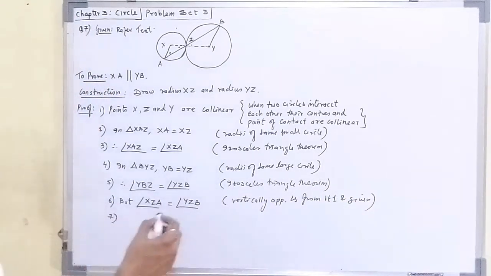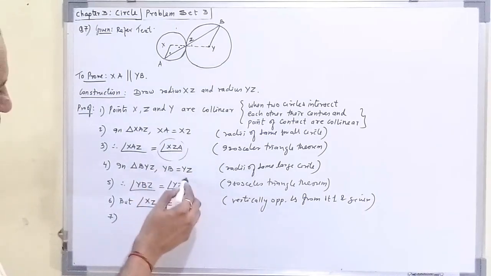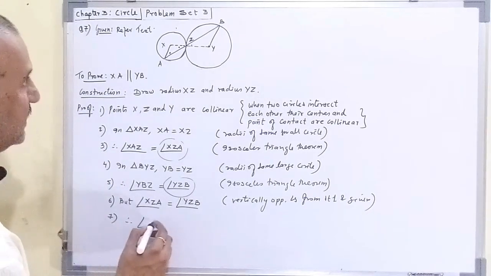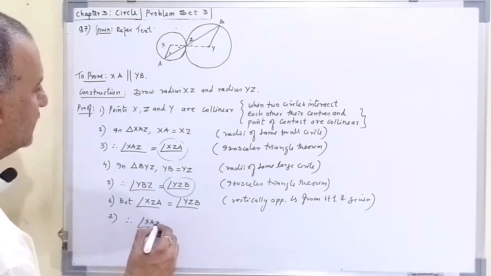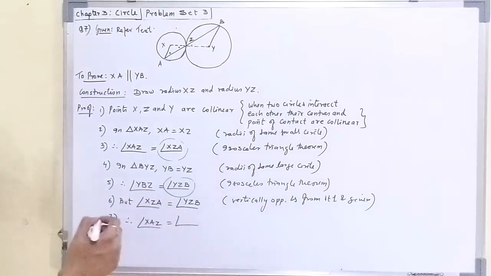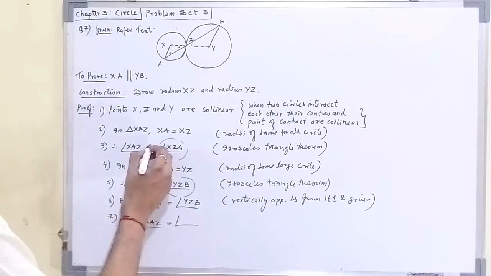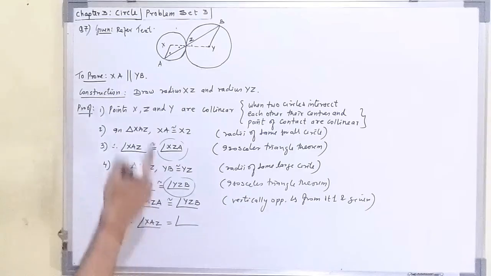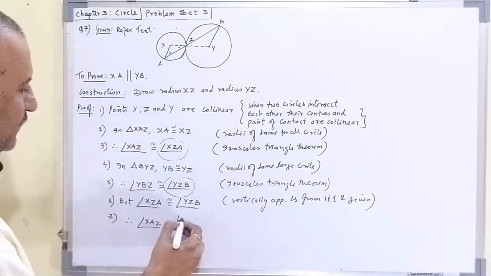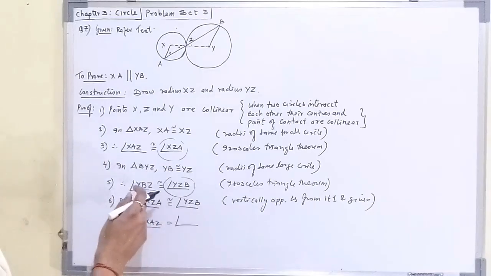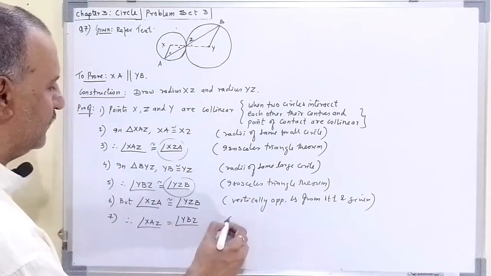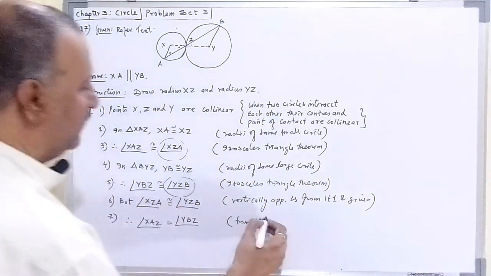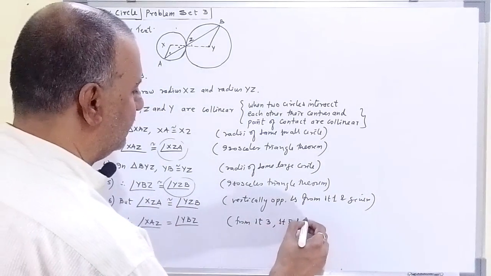Statement number 7, देखो, this are congruent, therefore this left hand side will be congruent, therefore angle XAZ will be equal to एंगल, हम कॉन्ग्रुएंट इसका इस्तेमाल कर सकते हैं इसी बात में। एंगल XAZ इक्वल टू एंगल YBZ, from statement number 3, 5 and 6.